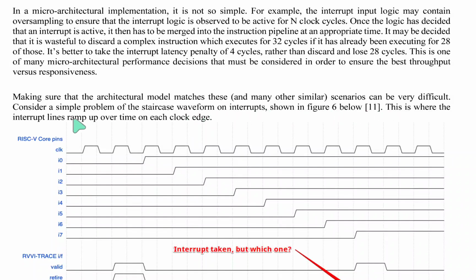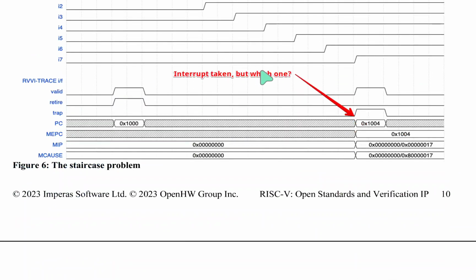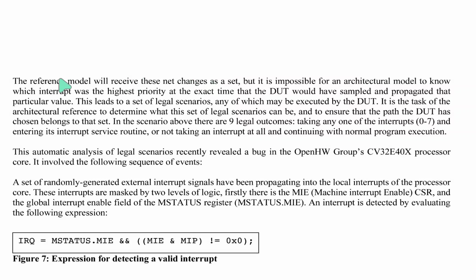This is where the interrupt lines ramp up over time on each clock edge. The reference model will receive these net changes as set, but it is impossible for an architectural model to know which interrupt was highest priority at the exact time the DUT would have sampled and propagated that particular value.